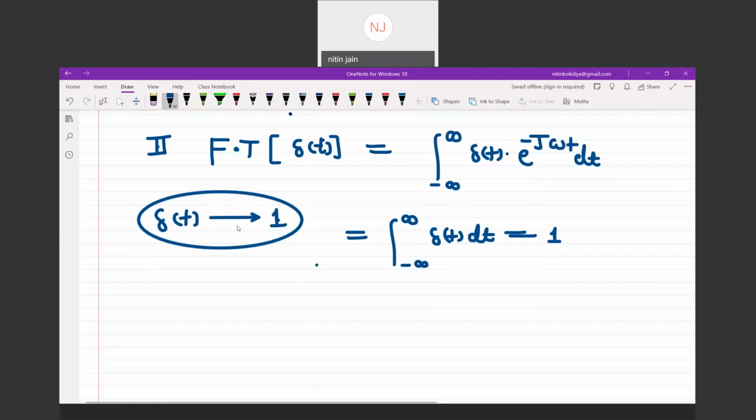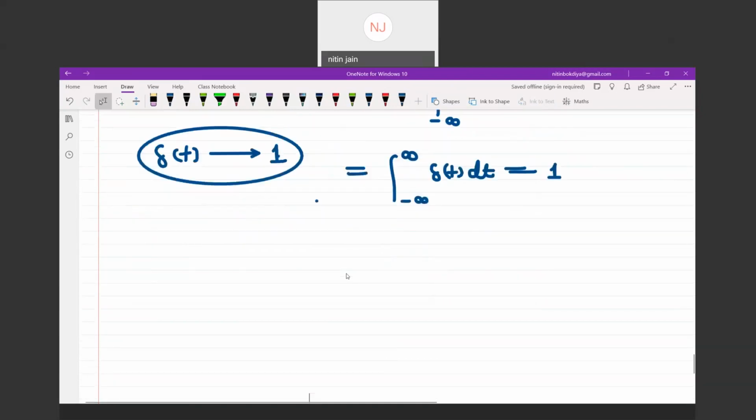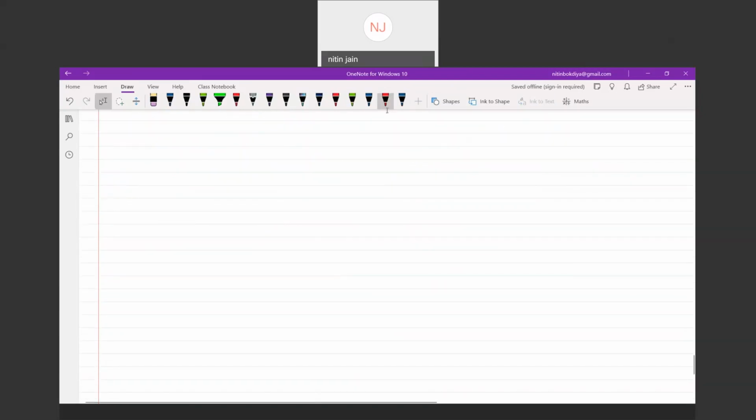Next, let's start with some properties of the Fourier transform. Let's calculate the Fourier transform of some more functions. Let's say I am interested in the Fourier transform of rect of t.